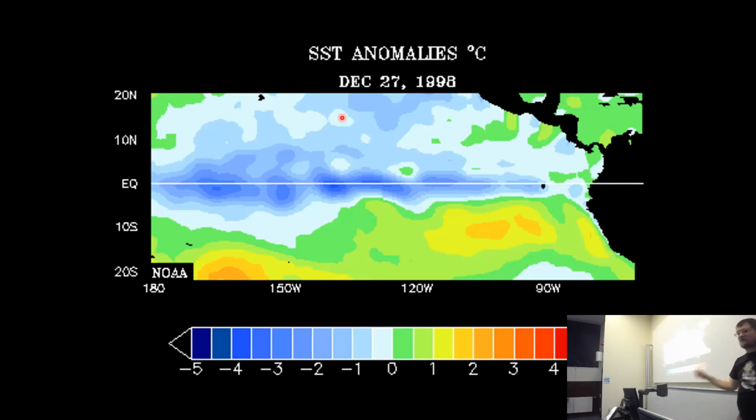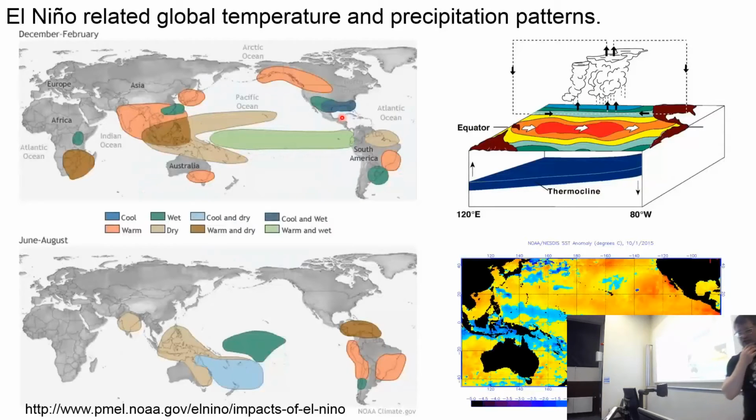It has widespread climatic implications. So this is the kind of extreme weather we might get when we have an El Nino. If we make this region of the ocean a lot warmer, that means there's going to be more rain over this side of the ocean and also over South America.